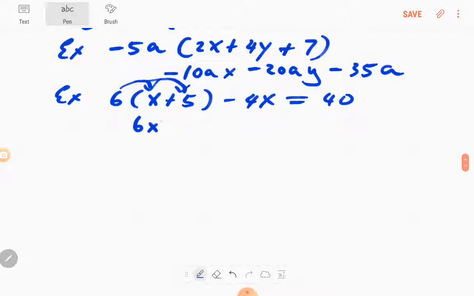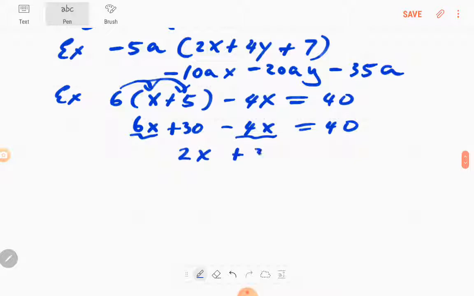So we get 6x plus 30 minus 4x equal to 40. Both the 6x and the 4x are on the same side of the equation, so you do not need to change their signs. You can just go straight ahead and say 6x minus 4x, that'll give us 2x plus 30 equal to 40.